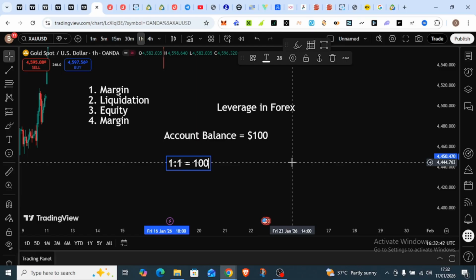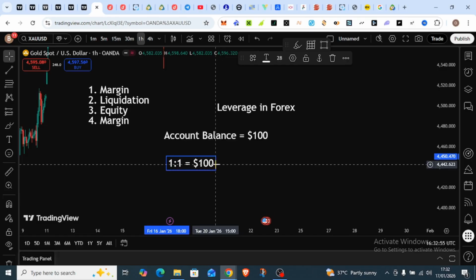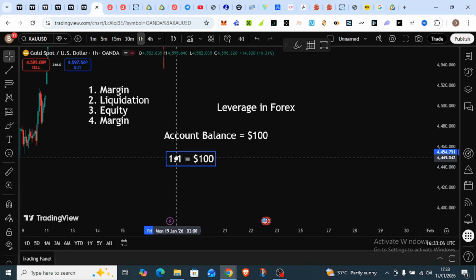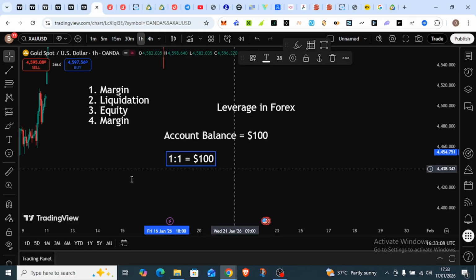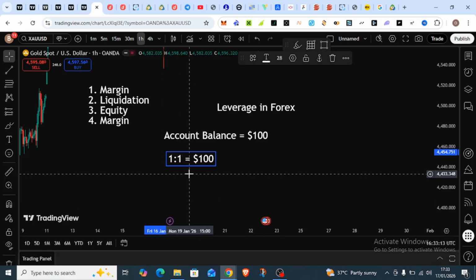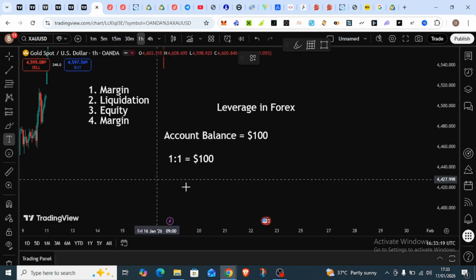Your buying power will still be $100. So you have it here, $100. So you cannot buy any assets above $100 here. Remember, there is this misconception that people have when you use leverage, the profit you get or the loss you get will be multiplied by the leverage you have. That's not true. But at the end of this video, you are going to understand. Let's just take it one by one.